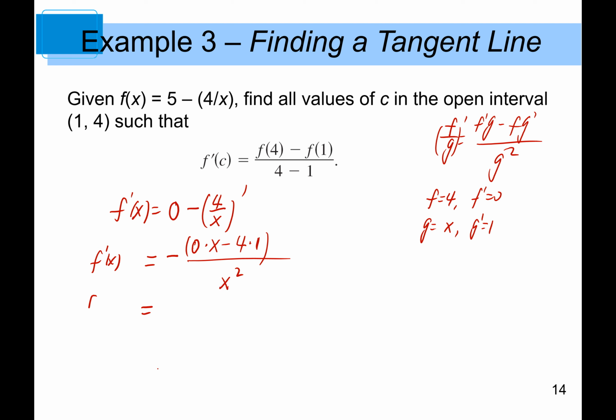So now f prime of x becomes 0 minus 4 over x squared, negative of that, which is 4 over x squared. Okay, so that's our derivative.